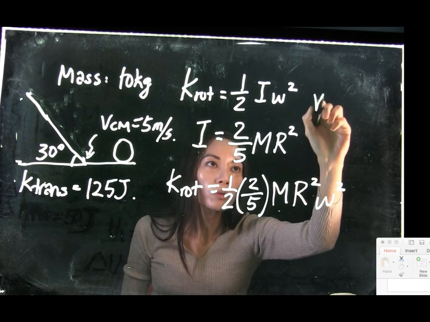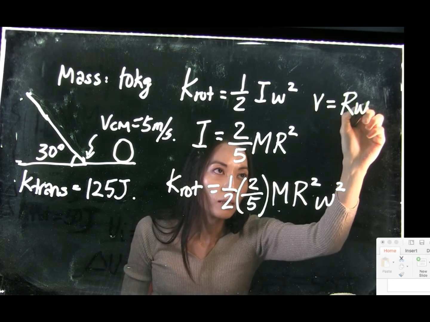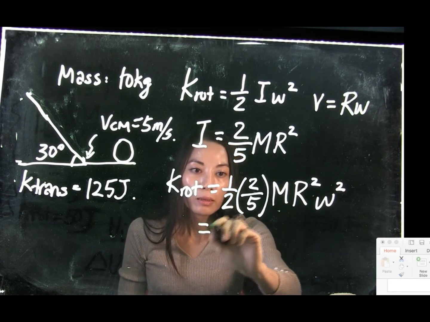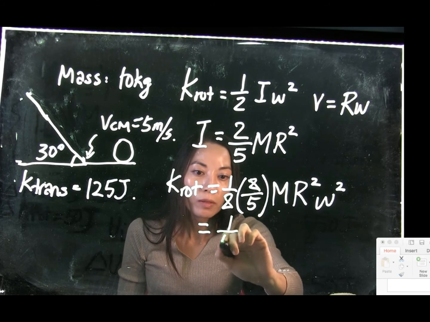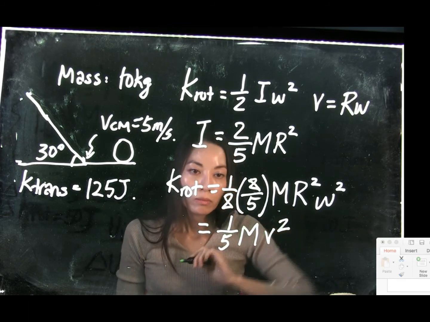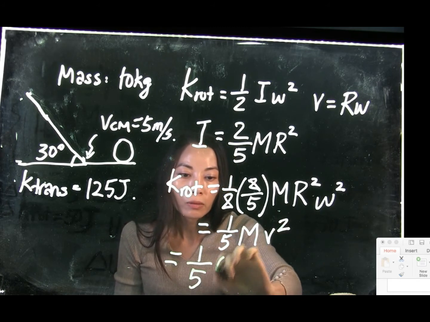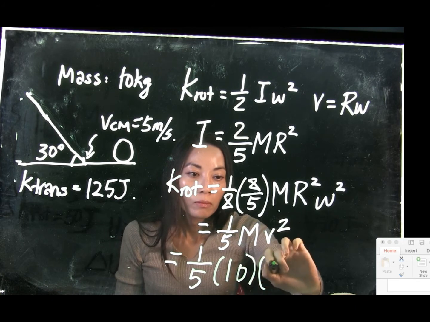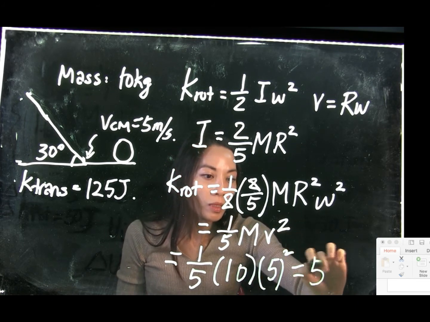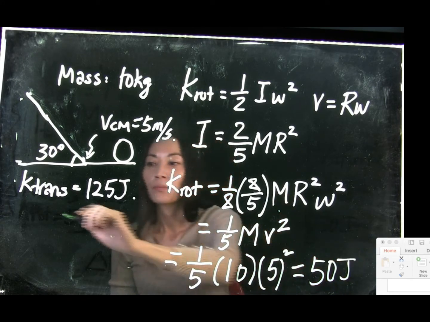And since the velocity of the center of mass is equal to the radius times the angular speed, that gives us 1 over 5 times the mass and the square of the velocity, and we plug in the values, and that gives us a rotational kinetic energy of 50 joules.